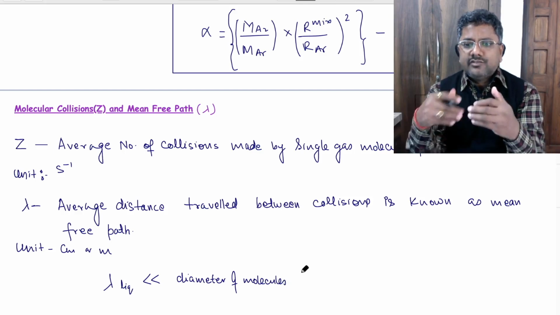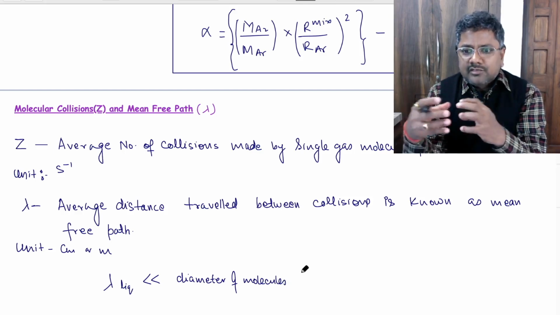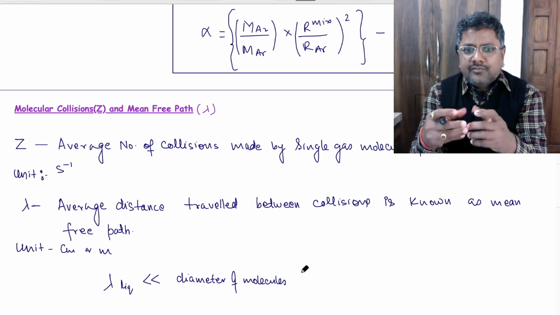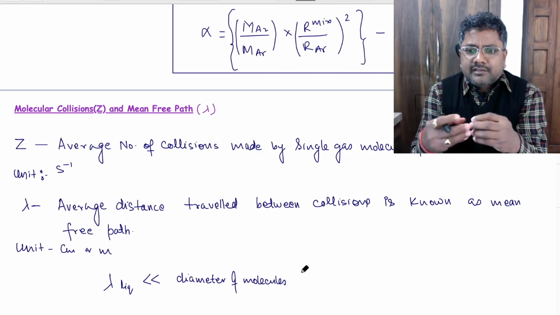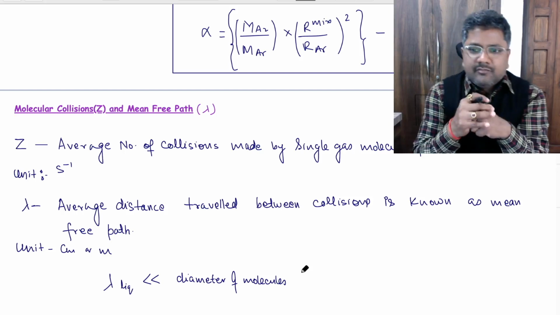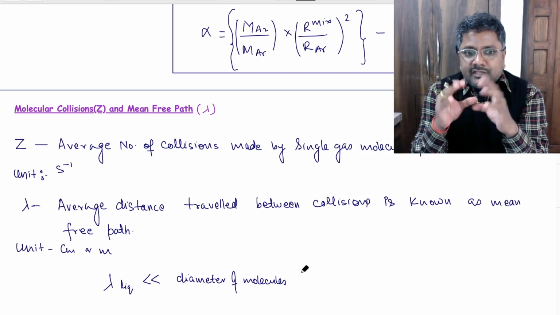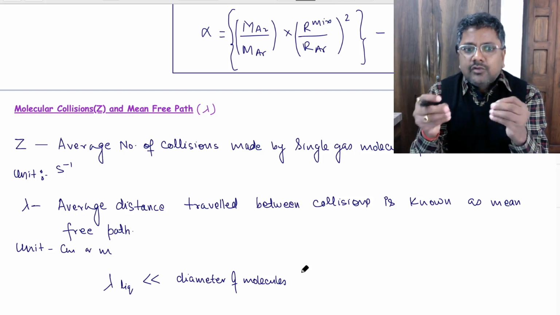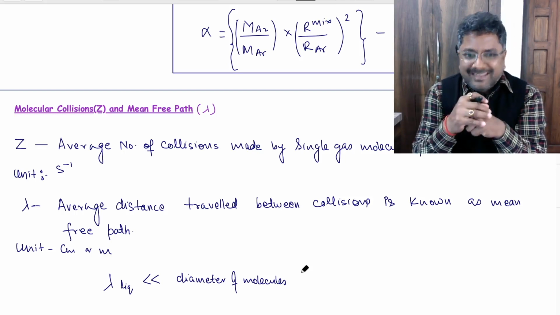So this is the reason why liquid molecules are always in the fraction of a diameter. If they move, they collide with the neighboring molecule, right? So in liquids, the magnitude of mean free path is very small.